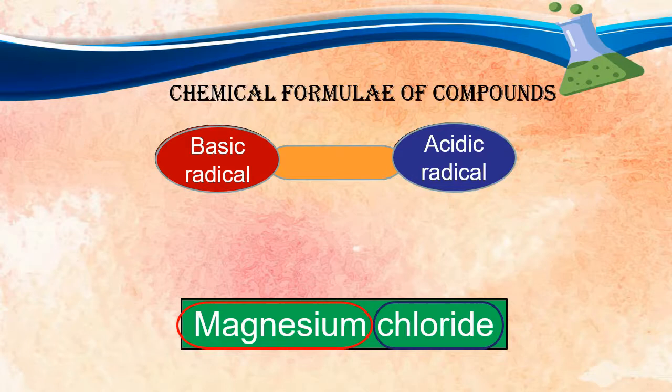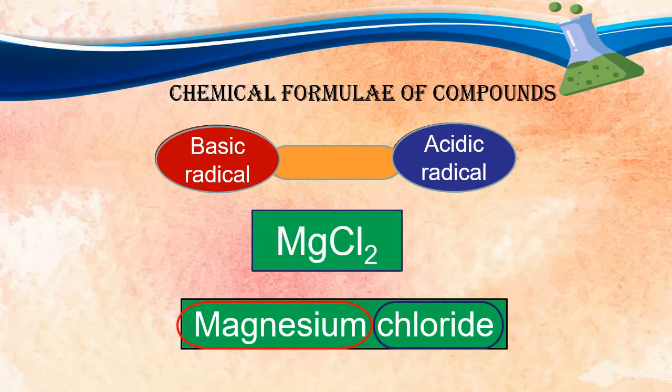While writing the formula, the formula of magnesium chloride is MgCl2. While writing the formula of a compound, the symbol of the cation is written on the left. As here, Mg is written on the left as it is the cation, and the formula of the anion is written on the right. Here chloride is the anion, so it is written on the right side of the formula.